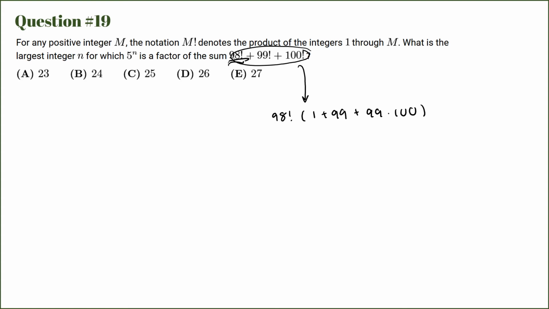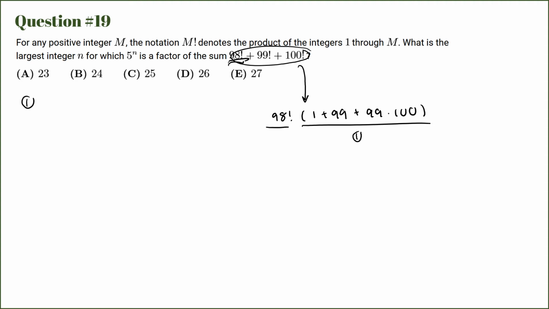So now that we have this, we can find how many 5s can fit or be a factor of each of these two factors. Let's do this first.